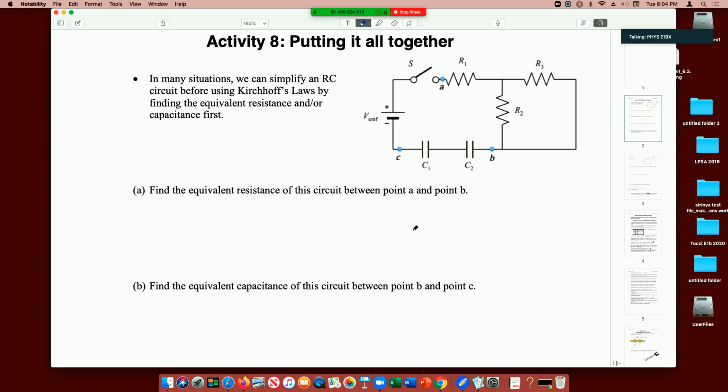In many situations, as we've already seen, you can simplify an RC circuit before using all of the laws, like Kirchhoff's laws, by finding the equivalent resistance for both resistors and capacitors. So we're going to analyze this relatively complicated looking circuit and talk about what it would mean to close the switch and charge the capacitors up.